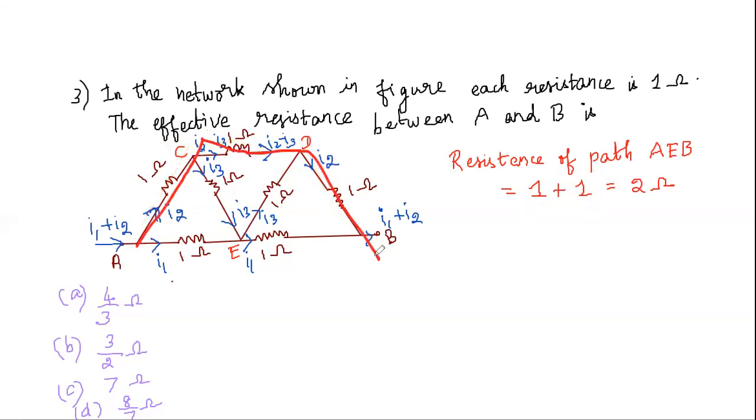You are having two resistances here, this 1 ohm and this 1 ohm. So when you go from here to here, ACDB, you have to go like this. When you go like this, you are having two resistances, this 1 ohm and this 1 ohm, both in series.